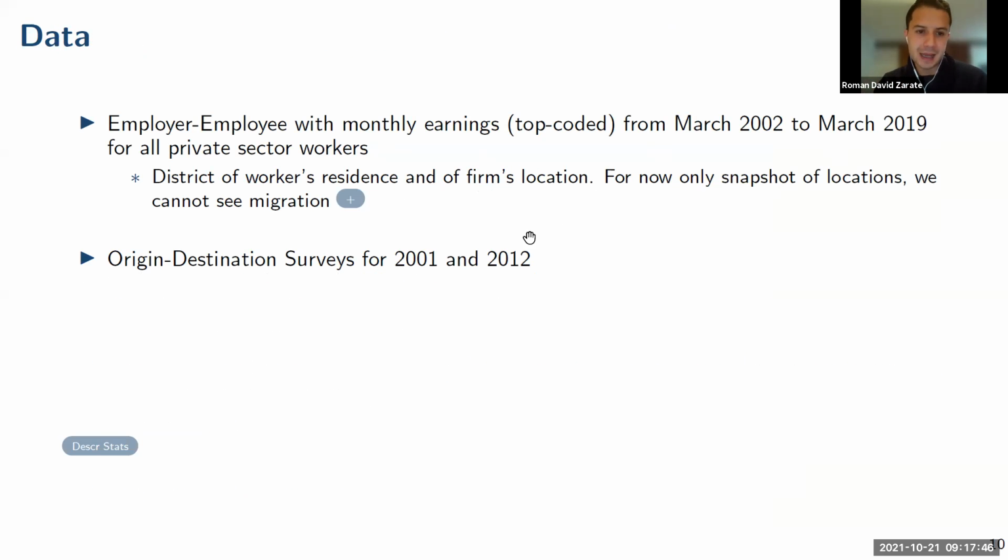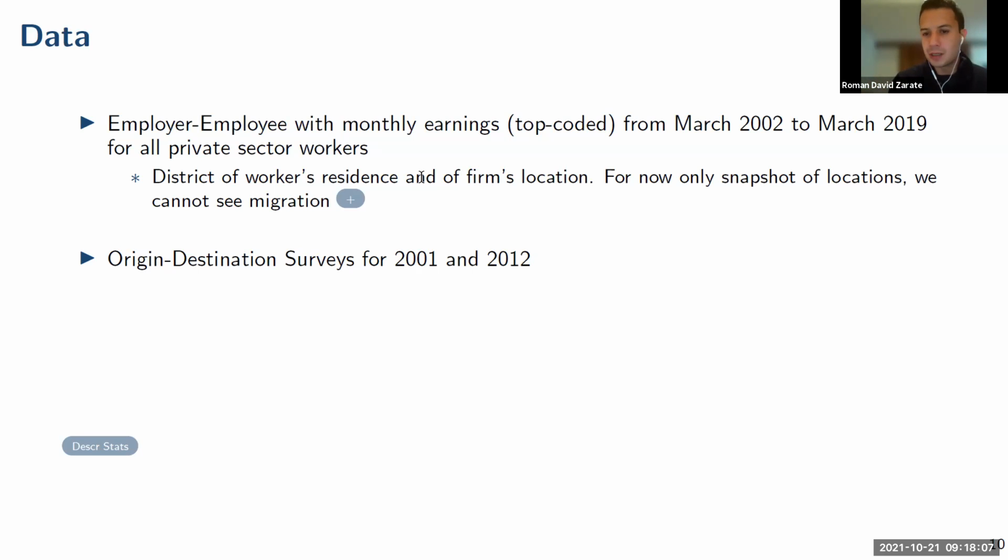Something very important about this data relative to previous work that has evaluated transit infrastructure is that we observe the district of workers' residence, but we also observe the district of the firm's location. This is going to be very important for our empirical analysis, but also for the model.